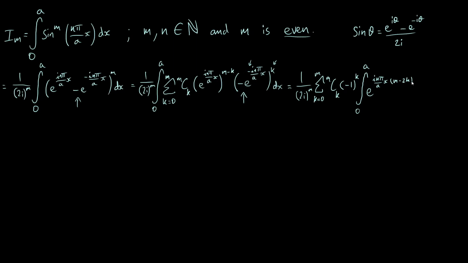And in fact, what I want to do is just slightly reorder these terms and write this as i pi x over a times n into m minus 2k. Just because n, m, and k, these are all integers, so it's kind of nice to have these all together. Okay, that is integrated with respect to x.